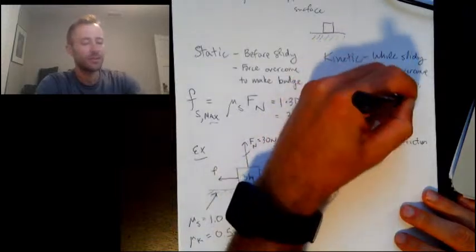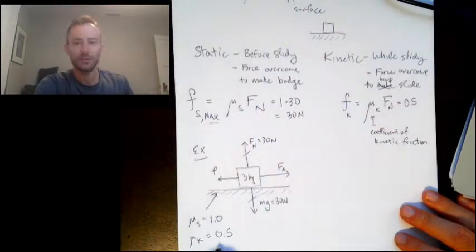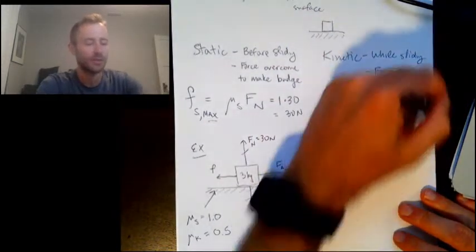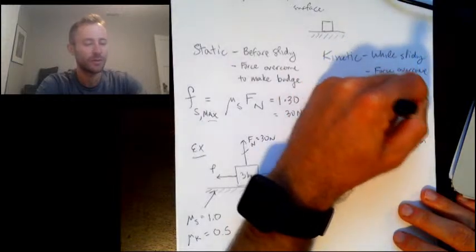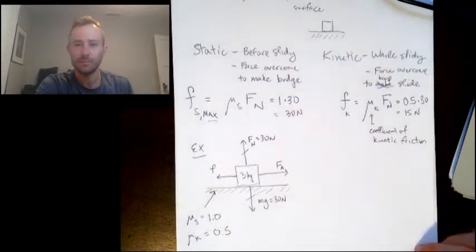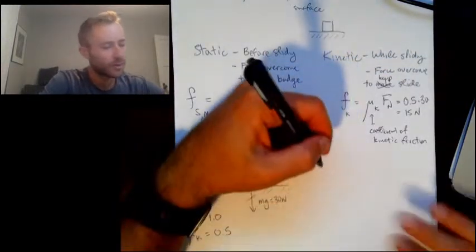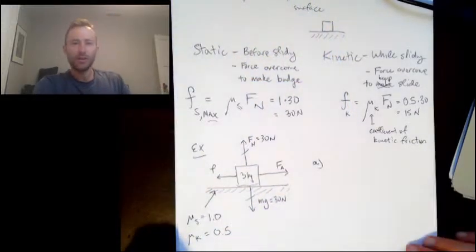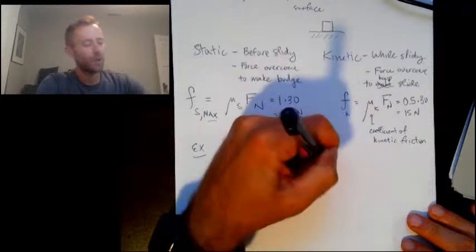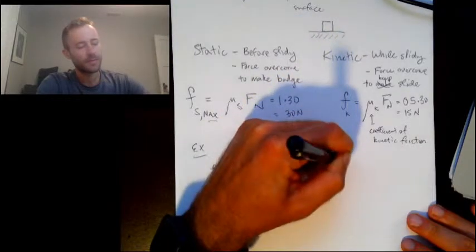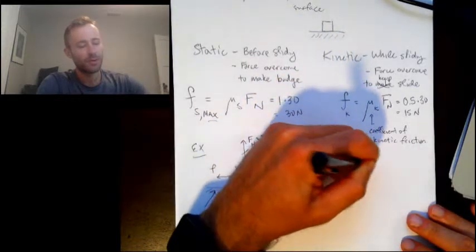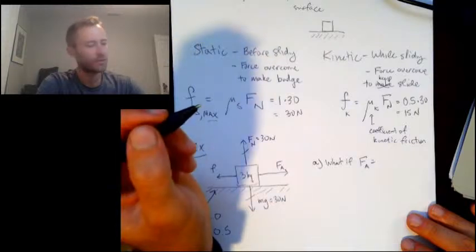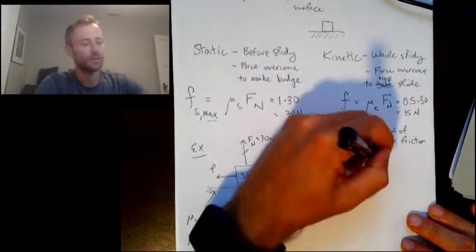Kinetic friction is going to be 0.5 times 30, which is 15 newtons. Okay. So we're going to have two examples here. The first example is, what if the applied force is equal to 20 newtons?